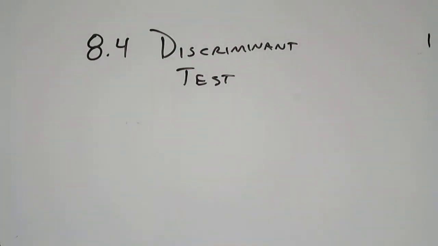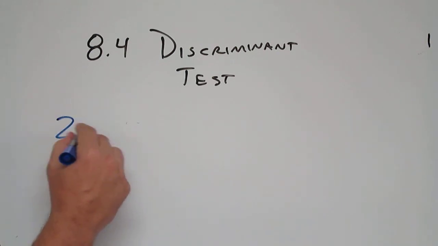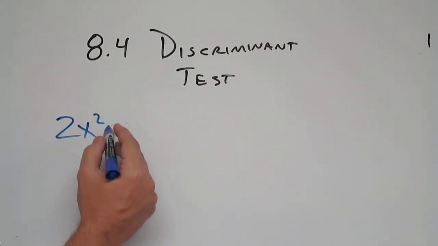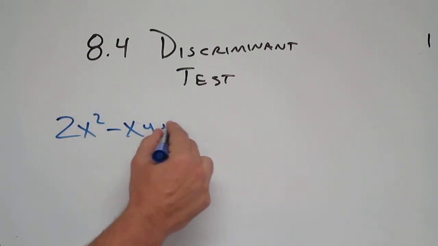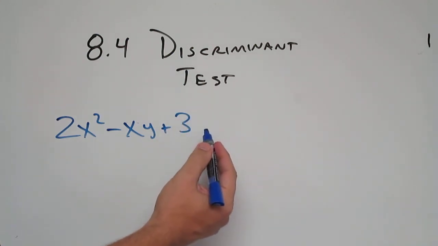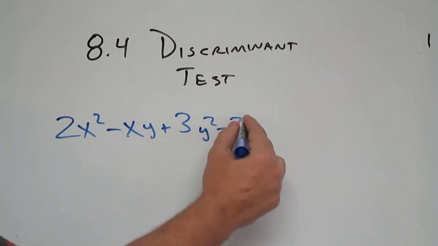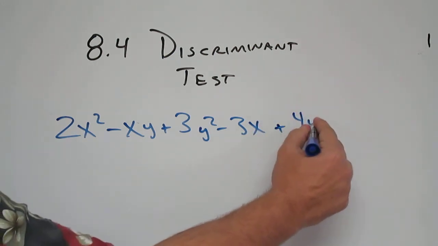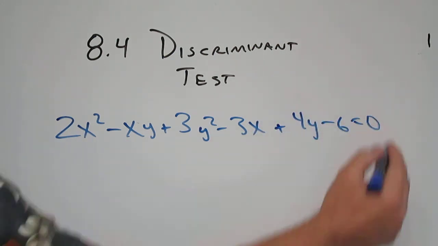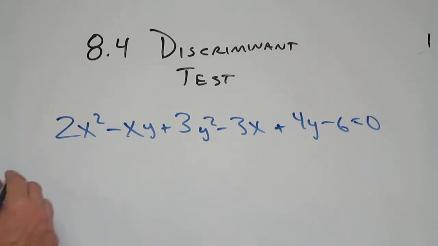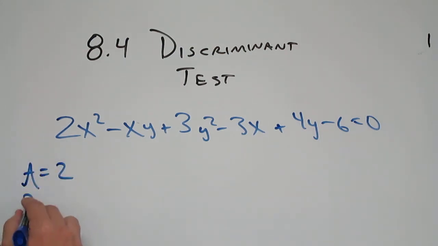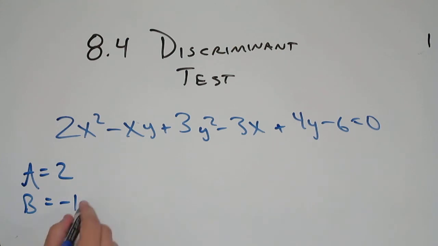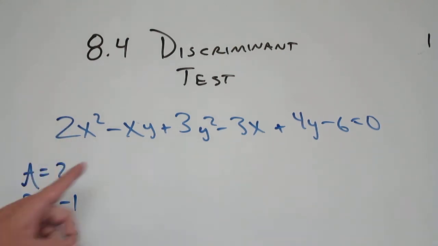So if I have an equation that says something like 2x squared minus xy plus 3y squared minus 3x plus 4y minus 6 equals 0, I know in this case that a is equal to 2, b is equal to negative 1, and c is equal to 3, because those are the coefficients of the x squared, the xy, and the y squared terms.